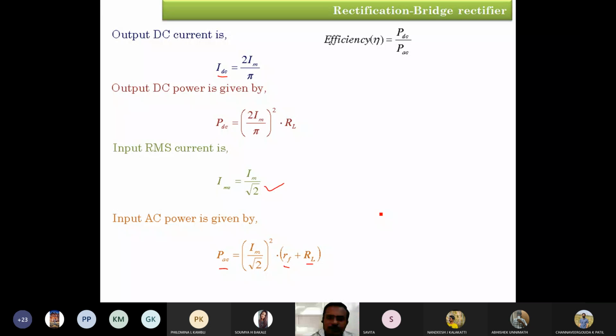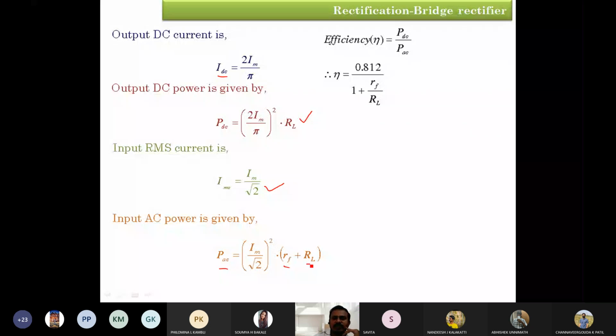Its efficiency is given by the ratio of PDC by PAC. So if you substitute the values, the ratio of PDC, 2 Im by pi whole square into RL, divided by Im by root 2 whole square into RF plus RL.